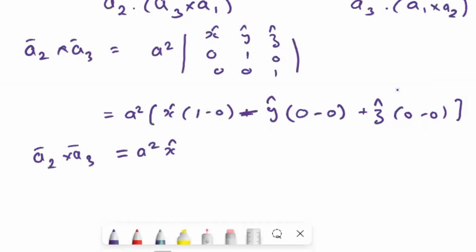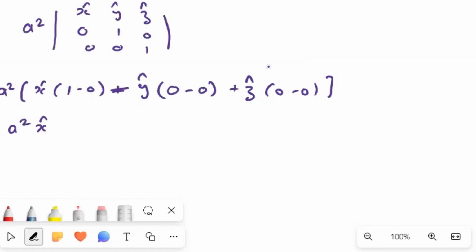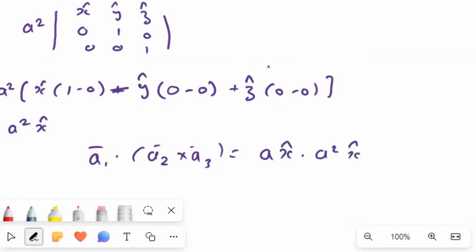Now let's do the dot product, a1 dot a2 cross a3. It will be a x cap dotted with a square x cap, so it is basically a cube.